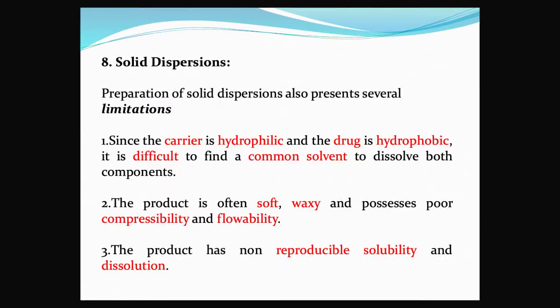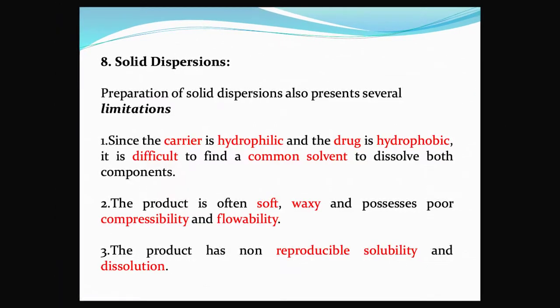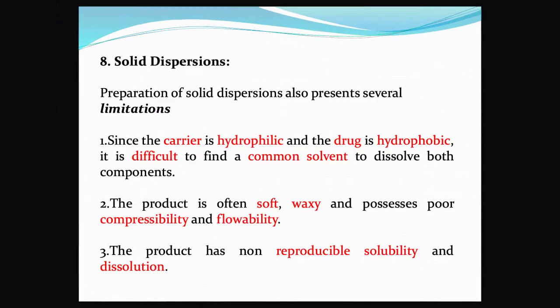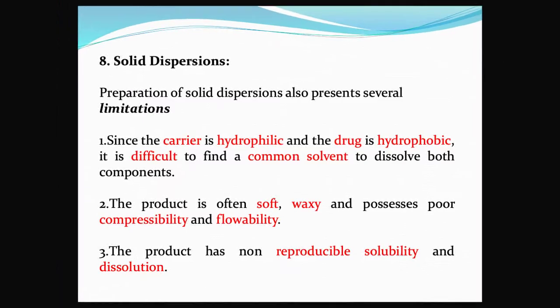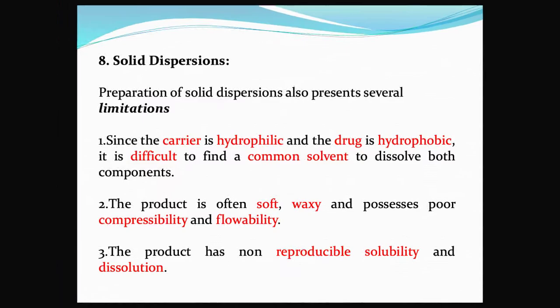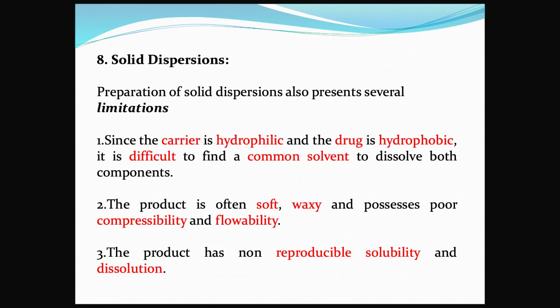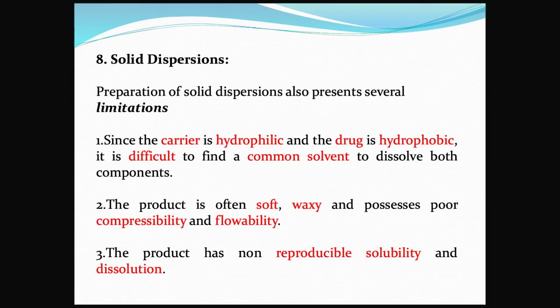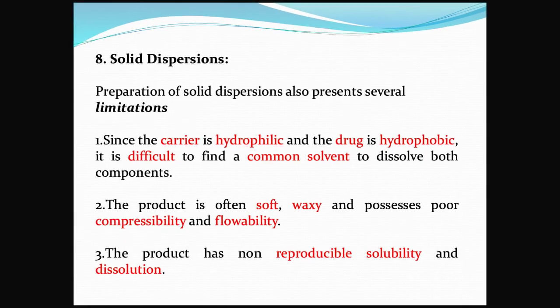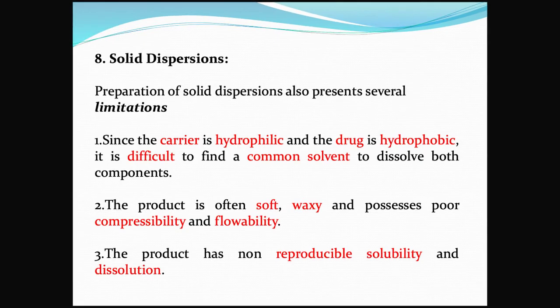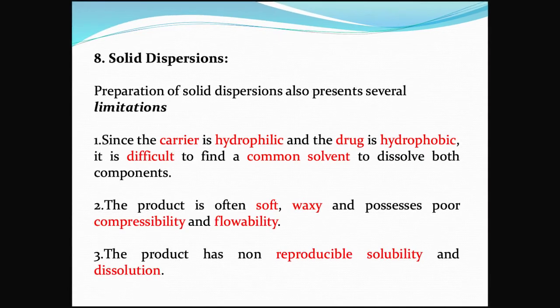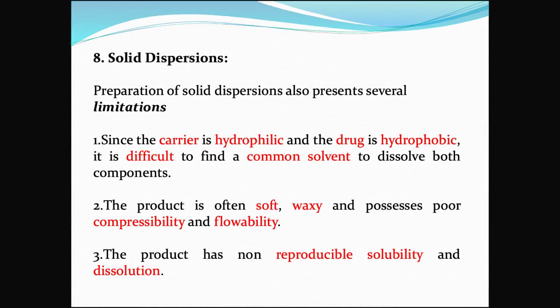The thermodynamic challenge of solid dispersions begins with the solvent paradox, where we must identify a single chemical medium capable of dissolving a hydrophilic carrier and a hydrophobic drug simultaneously. Beyond this molecular hurdle, the resulting material often manifests as a soft, waxy substance that lacks the necessary compressibility and flowability required for industrial tablet production.